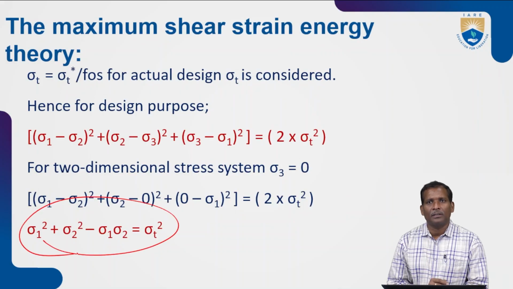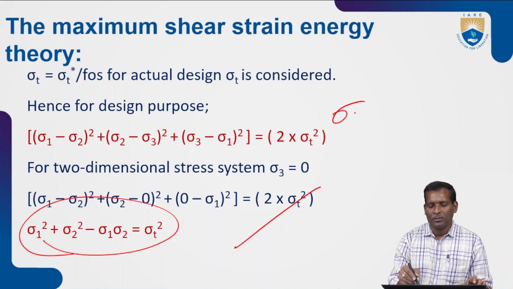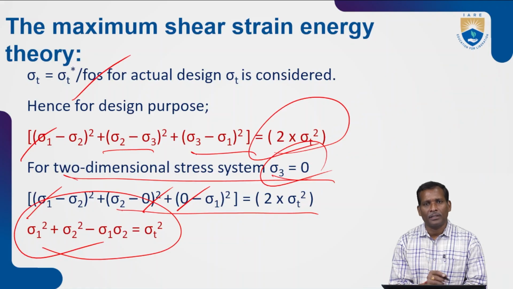You have to write equations for two-dimensional or three-dimensional, that is, triaxial systems. In triaxial systems you get sigma 1, sigma 2 and sigma 3; three stresses are present and you can write the equation.